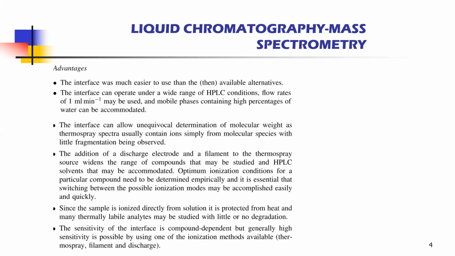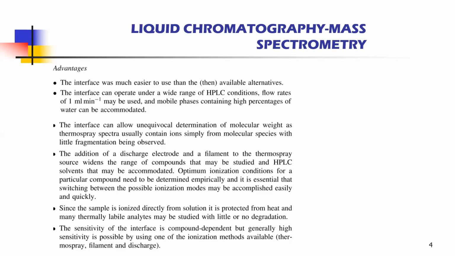So this also broadens the applicability of the thermospray interface system to HPLC compounds, determination of compounds by HPLC, and HPLC solvents that may be accommodated. Optimum ionization conditions for a particular compound need to be determined empirically, and it is essential that switching between possible ionization modes may be accomplished easily and quickly.